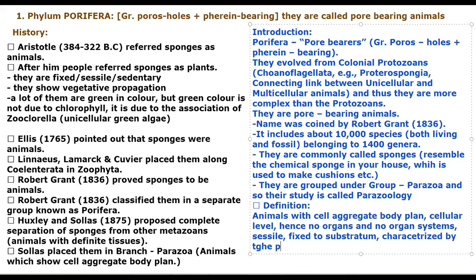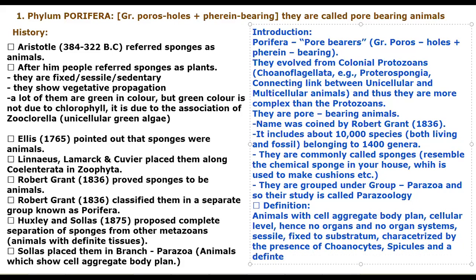Characterized by the presence of choanocytes, spicules, and a definite canal system. This is a very, very important point about your porifera. Fine, so they are characterized by the presence of a definite canal system.